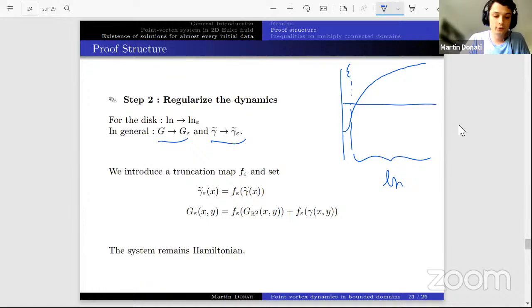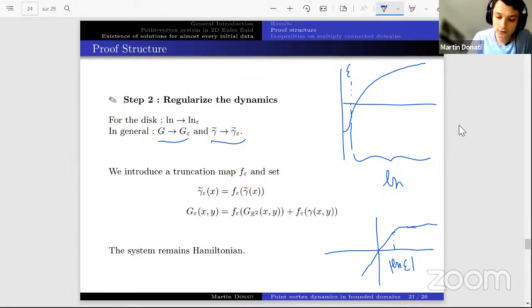So the idea is to use a truncation map, F epsilon, which has this form: it is the identity up to some threshold, which is basically ln of epsilon. And after that, it becomes a constant, okay? So that way, when you apply it on the Robin's function, then it has no singularity anymore. And for the Green's function, it's a little bit more complicated because, again, we need to make sure the singularities cannot compensate.